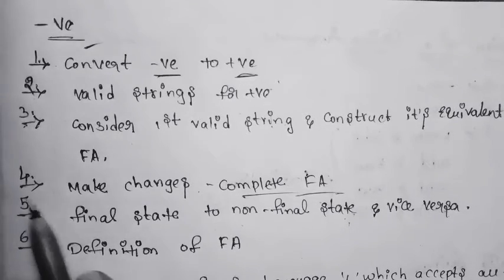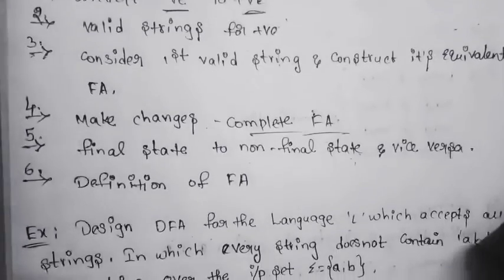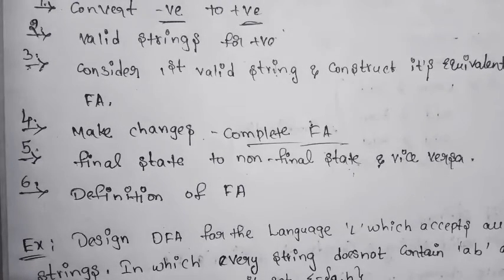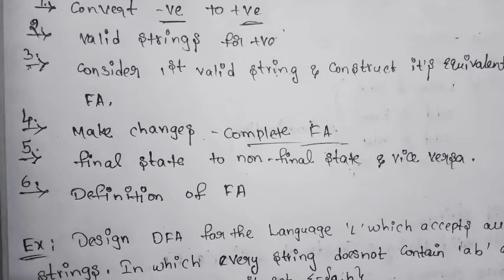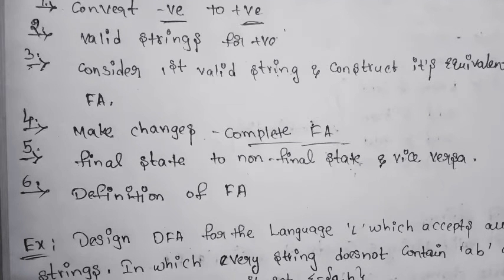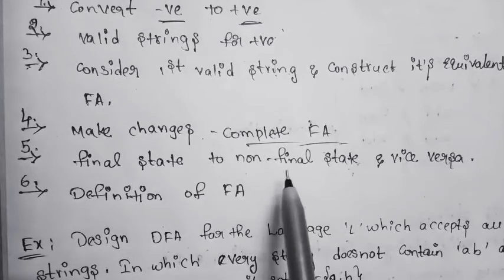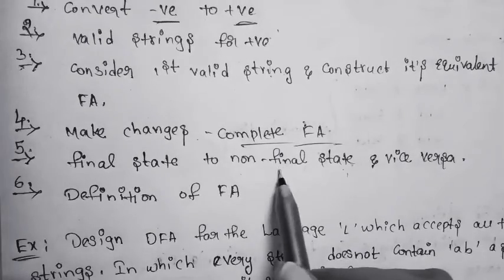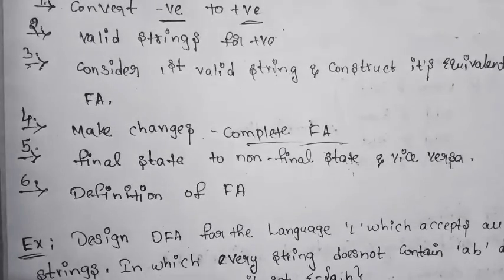Then the fourth step is to make changes to the constructed finite automata to get the complete finite automata. The fifth step is to convert the final state into non-final state and vice versa, non-final state into final state.